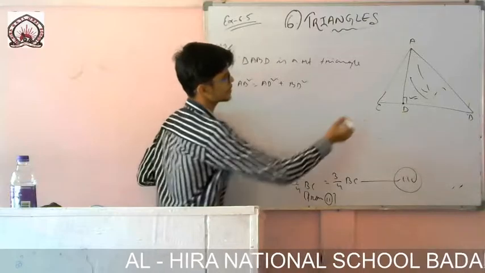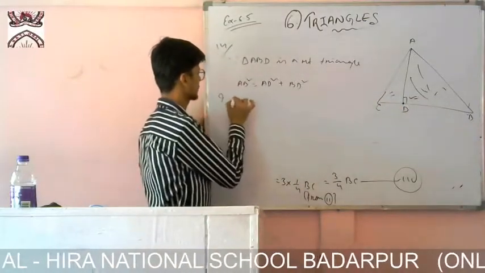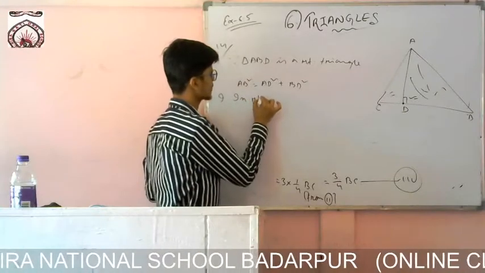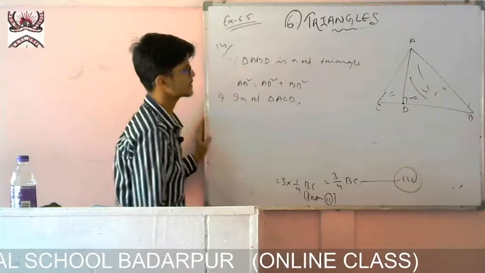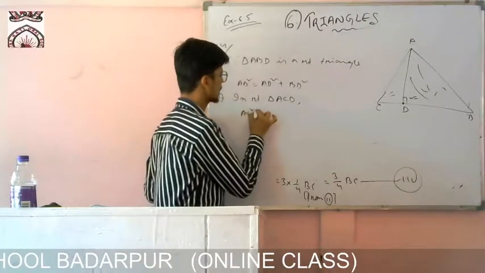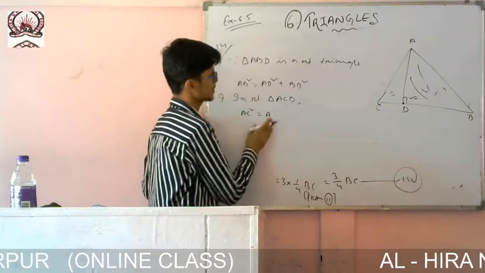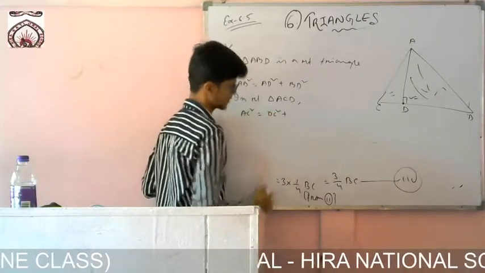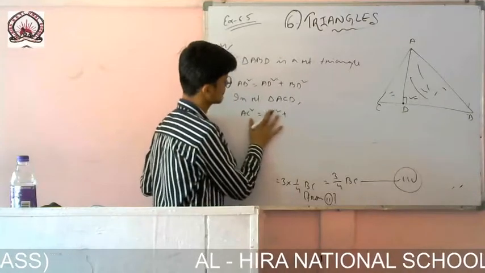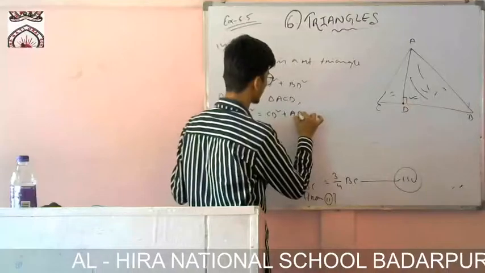Now, this is also a right triangle. If I take right triangle ACD, AC square is equal to CD square plus AD square.